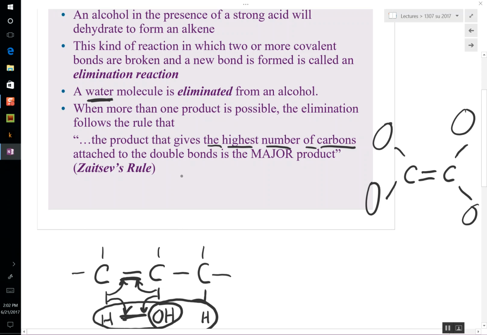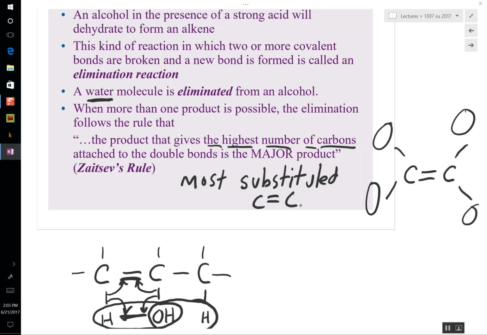Sometimes they'll say this in another way, the most substituted double bond is the major product. Substituted, we're not talking about hydrogens, we're talking about substituents or carbons attached to it. It's just another way of saying it.